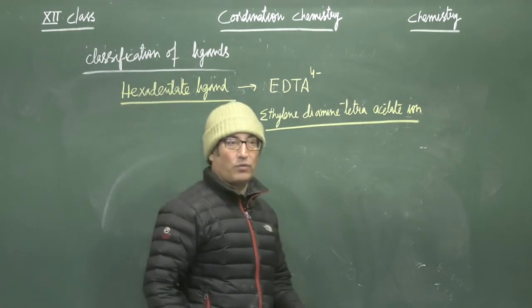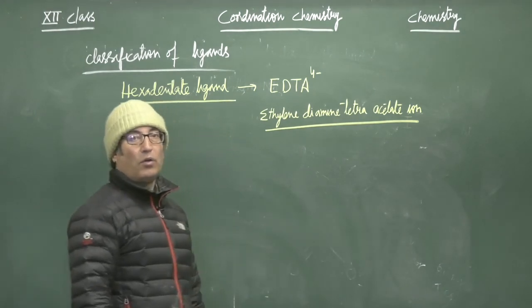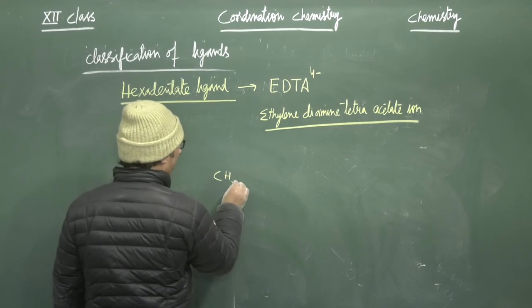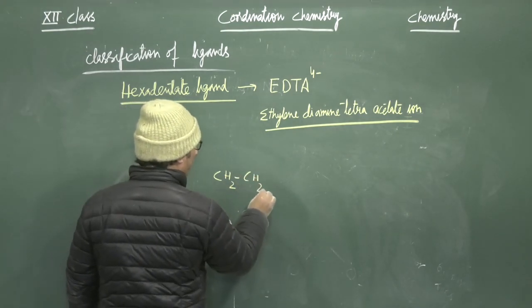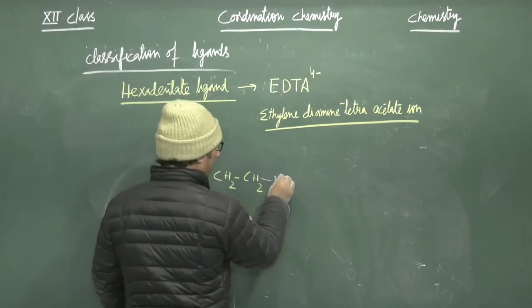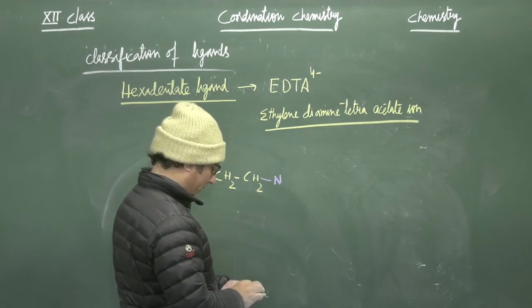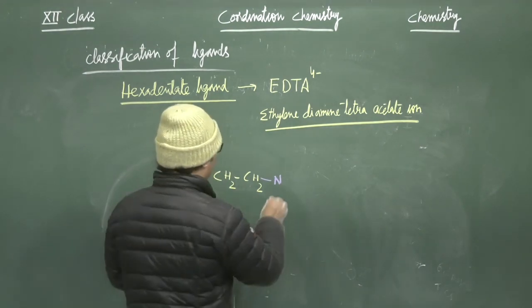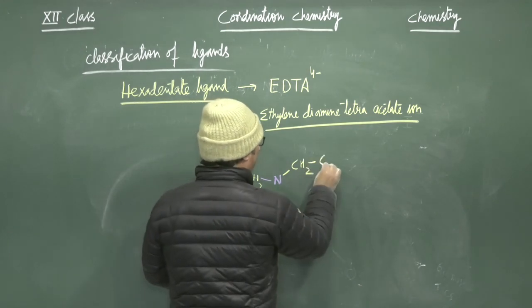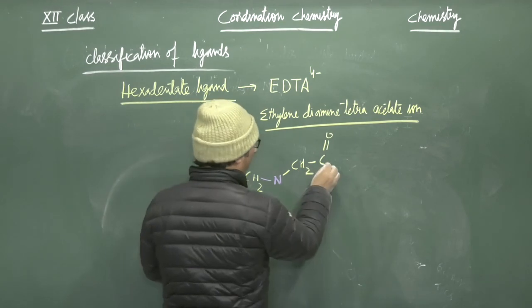I'll draw its structure so that you'll come to know which are the six donor sites. CH2, CH2, N, CH2, C, O, and O minus.